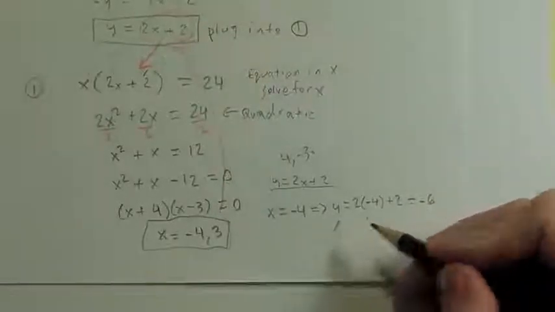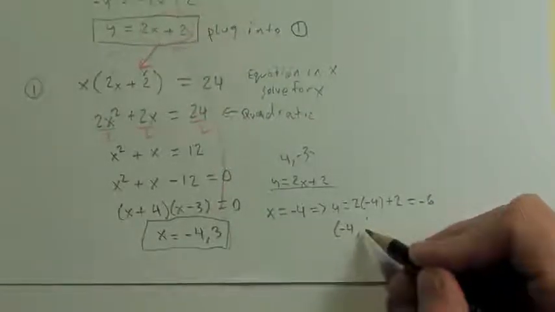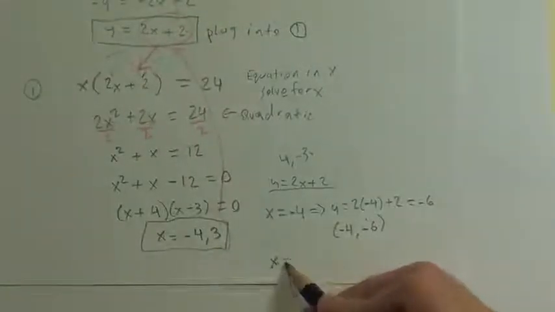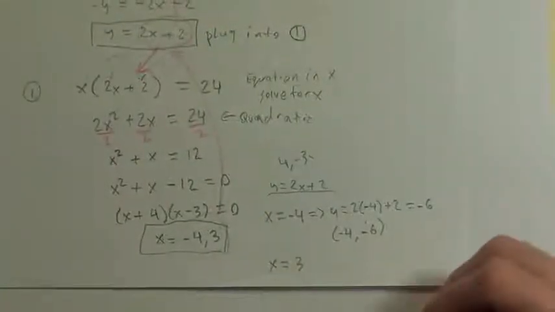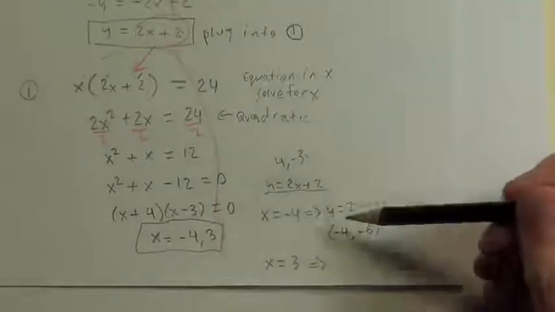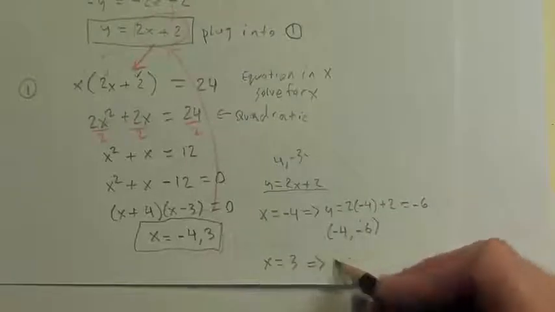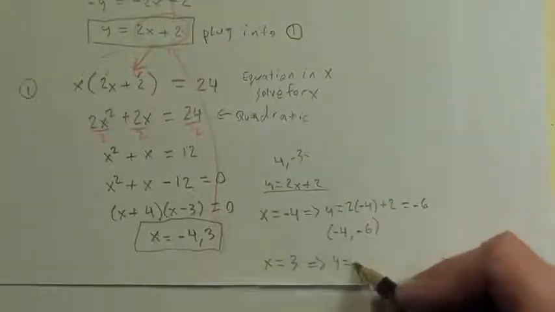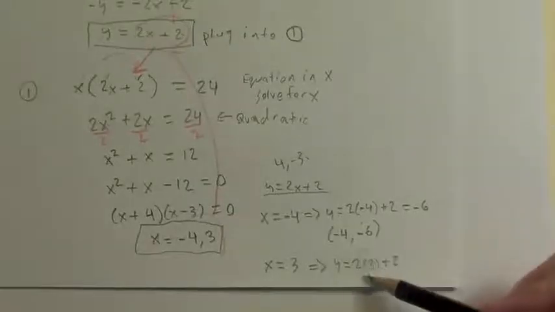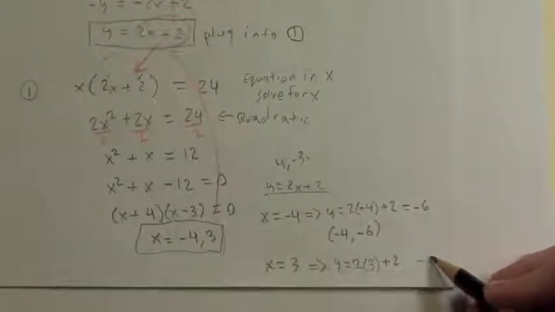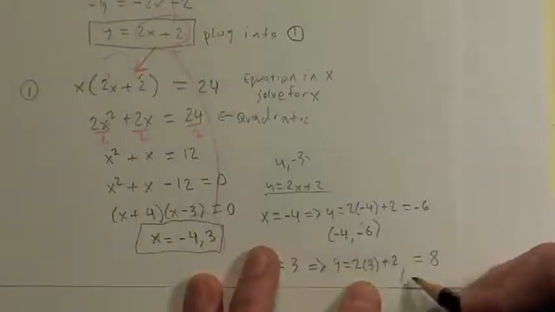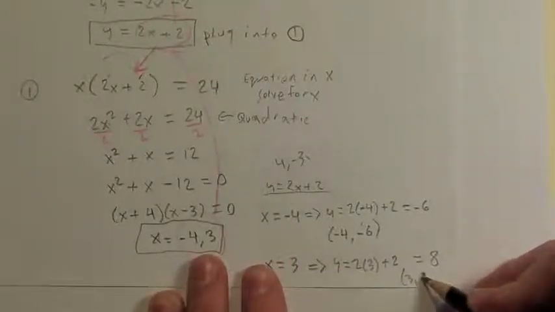So that gives us the point negative 4, negative 6. And then when x is equal to 3, we get y is equal to 2 times 3 plus 2. Alright, so now we'll have 6 plus 2, which will be 8, which gives us the point 3, 8.